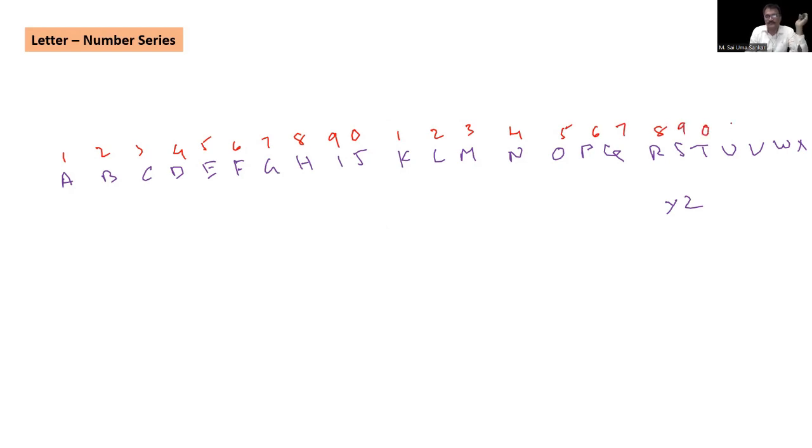That is 20. Afterward, 1, 2, 3, 4, 5, and 6. And all the 26 alphabets are in either clockwise direction or anti-clockwise direction.